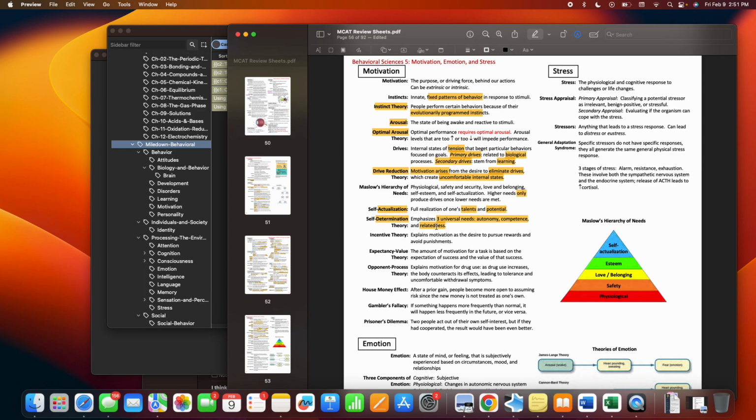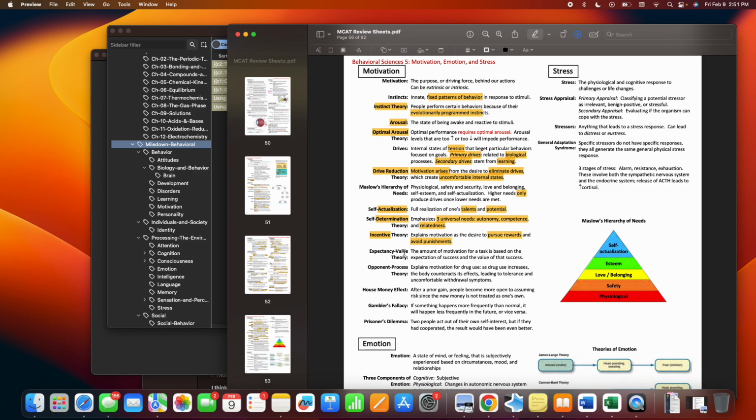Then we have incentive theory, which explains motivation as the desire to pursue rewards and avoid punishments. It's both pursuing rewards and avoiding punishments. That's incentive theory.